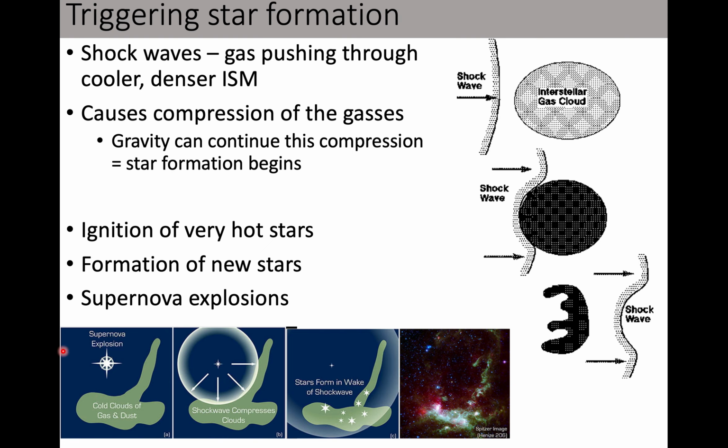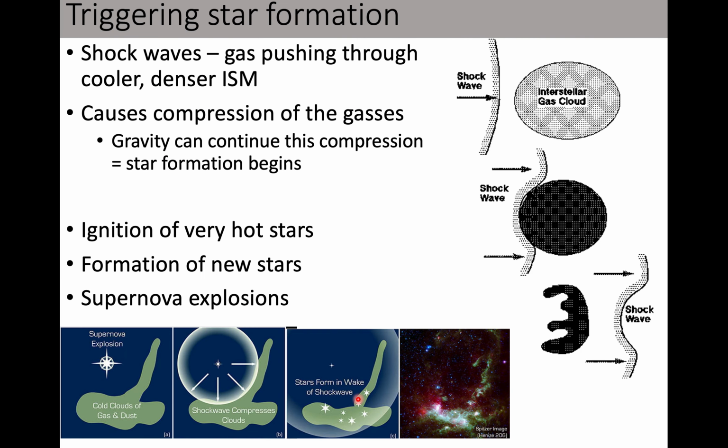So for example, a supernova explosion, which we'll get to later, or sort of any explosion in space, can cause shock waves that move outward from that object. If the shock waves move through a cloud of ISM, it's going to start to compress that cloud. That compression can initiate star formation within the cloud of the ISM.